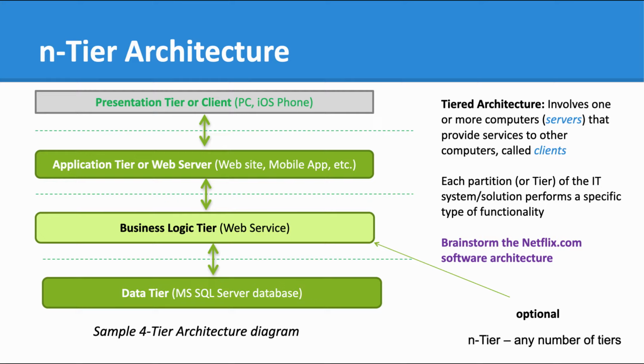Since we're focusing more on web applications, we would have a presentation tier, which would involve your client machine, the web browser, that type of thing, right up here. Then that interacts, you see a bi-directional arrow indicating that your client interacts with an application tier or a web server tier or a web tier.